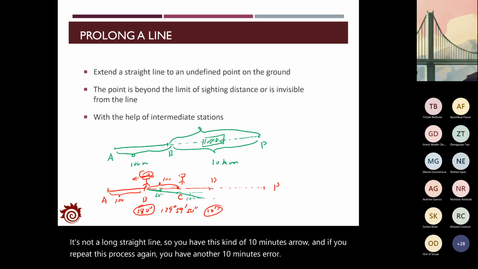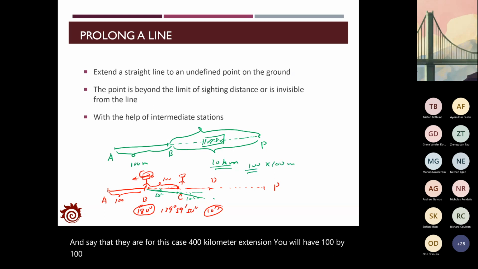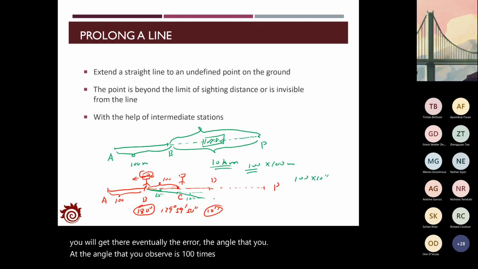Say that for this case, for a 10 kilometer extension, you will have 100 by 100 meters. So you need to repeat this measurement 100 times. What you will get eventually is that the error, the angle that you observe, is 100 times 10 seconds.